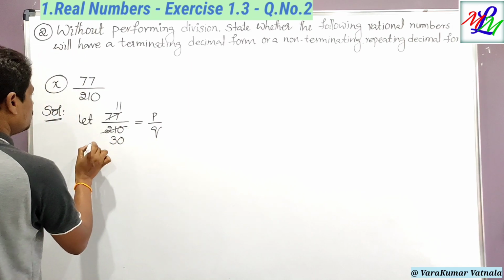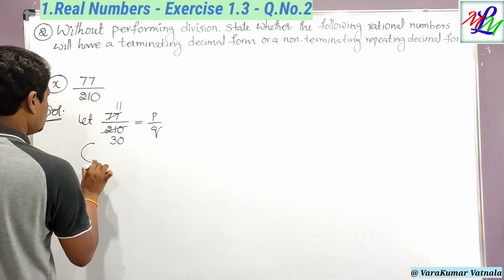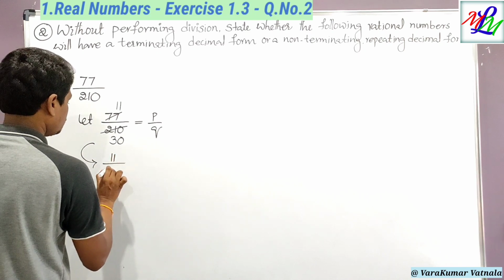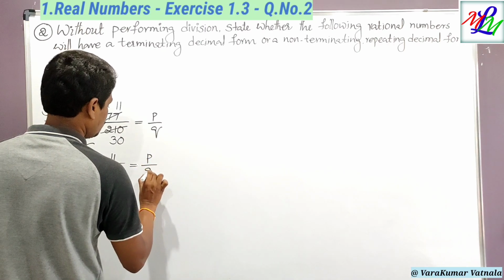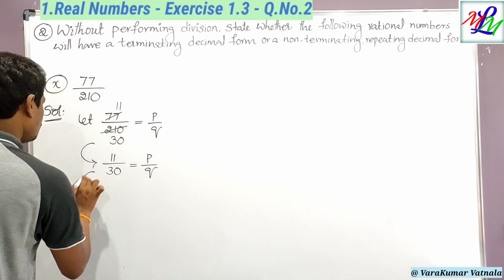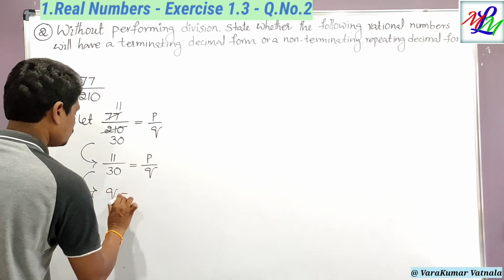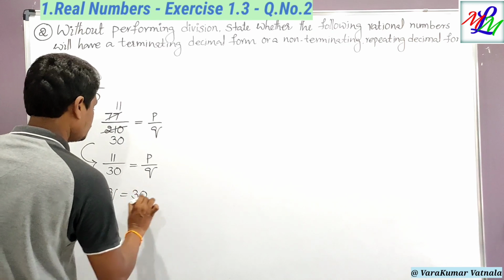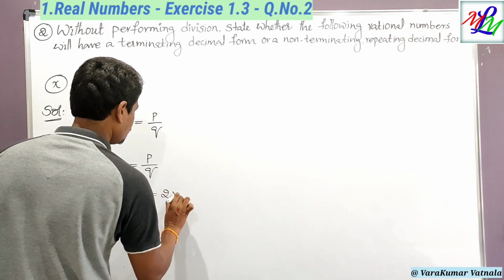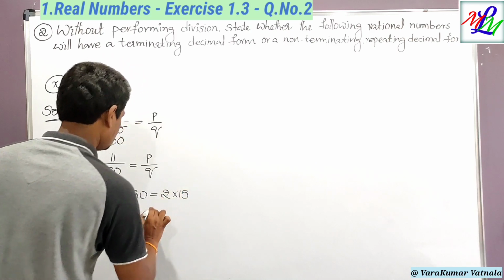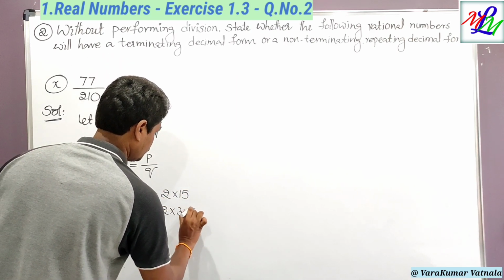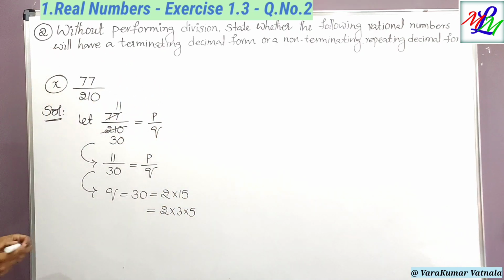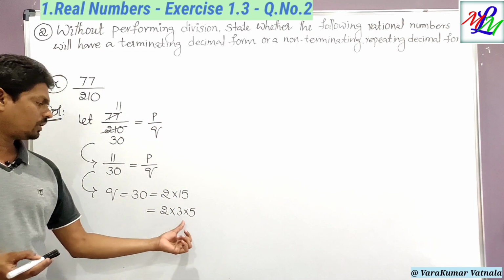So now it is of the form 11 by 30 is equal to p by q. So now q is equal to 30. So it can be written as 2 into 15. Again 15 can be written as 3 into 5. So q is equal to now 2 into 3 into 5.